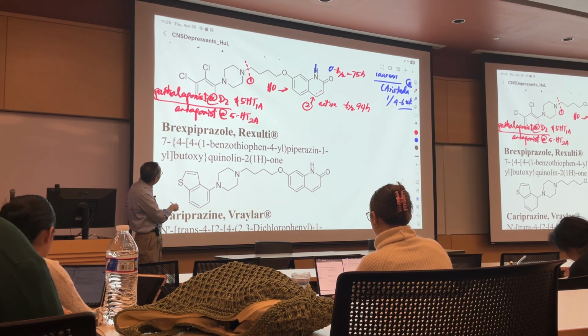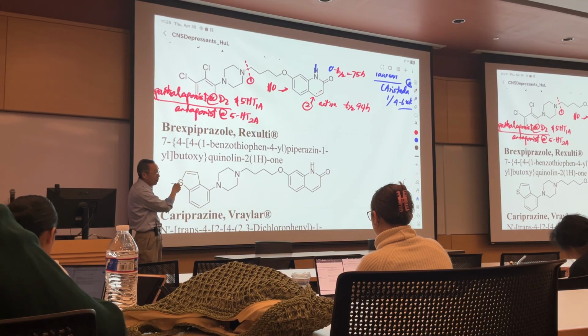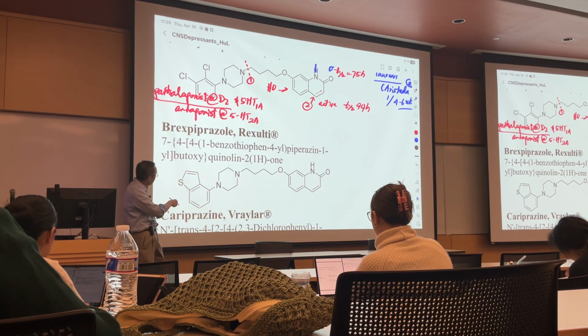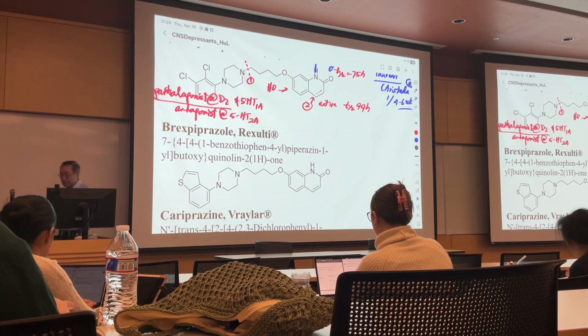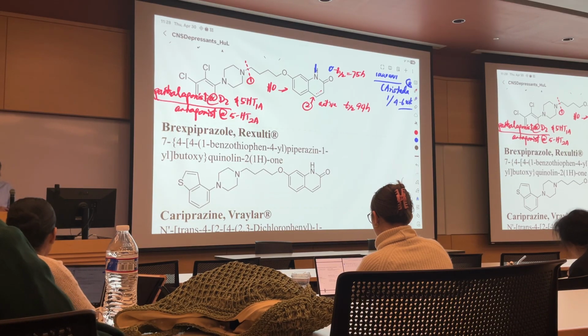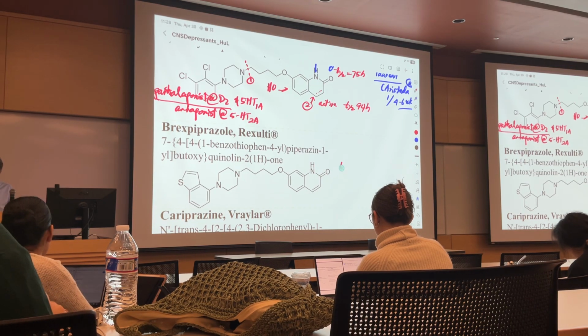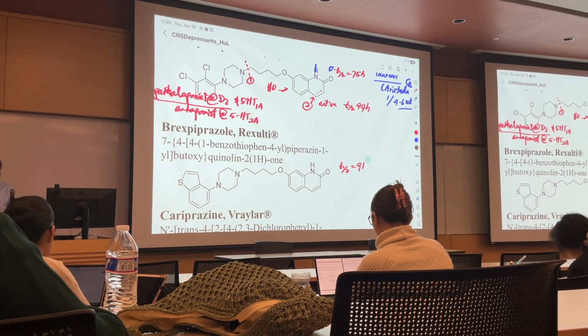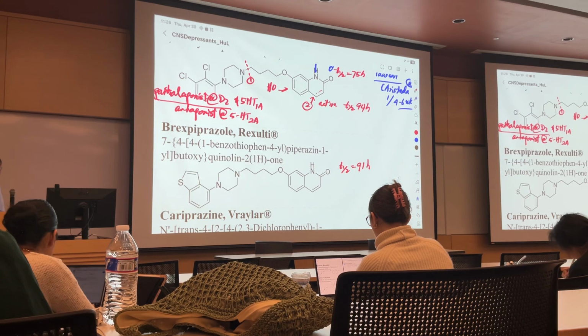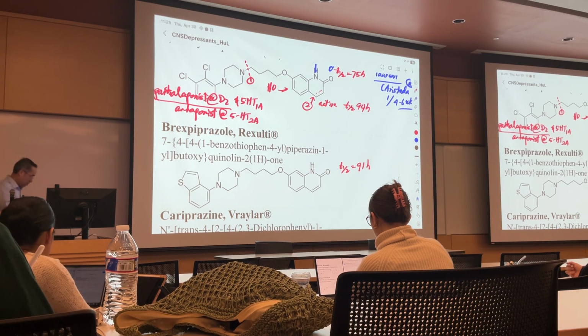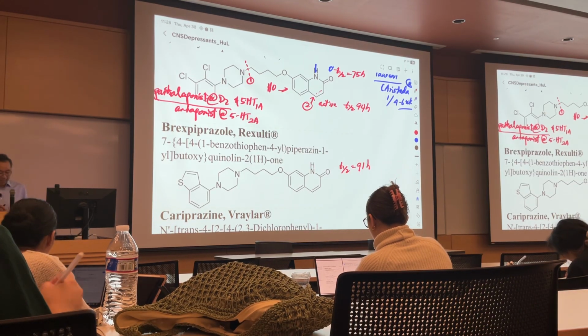On the left-hand side, the dichloro on the benzene ring is replaced with a fused thiophene ring system. So this is brexpiprazole. This drug molecule has a half-life of 91 hours. Mechanism-wise it's very similar to aripiprazole, the same type of receptors: partial agonist at D2 and 5-HT1A, and antagonist at 5-HT2A.